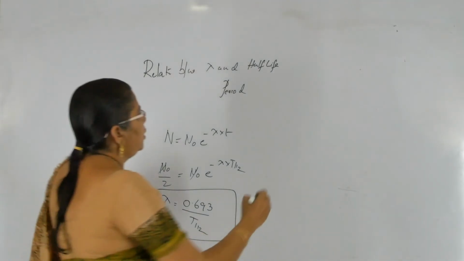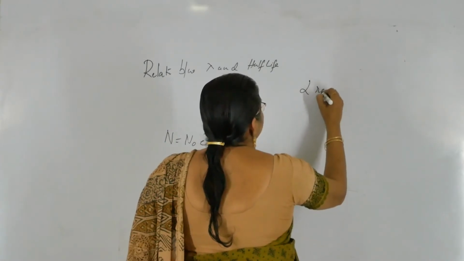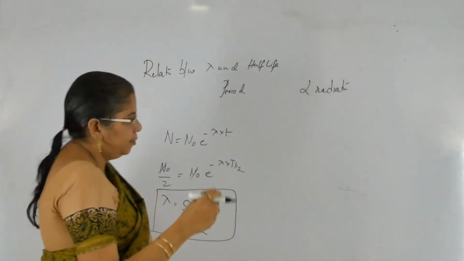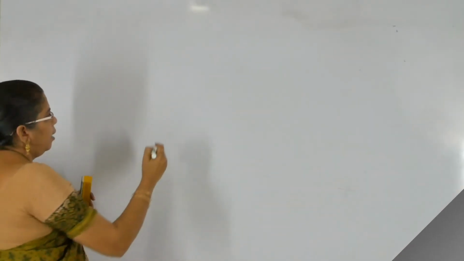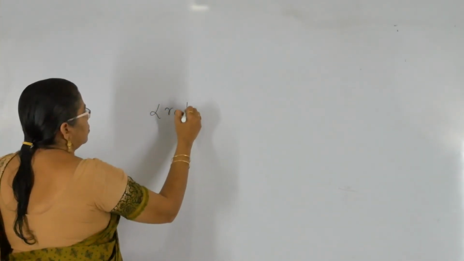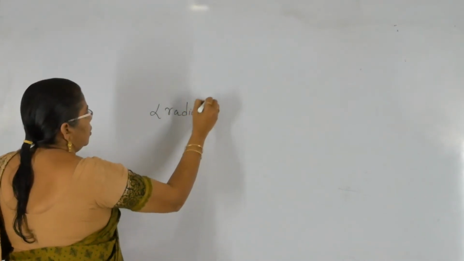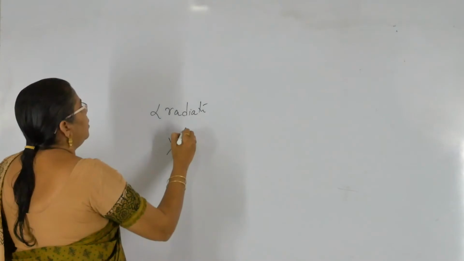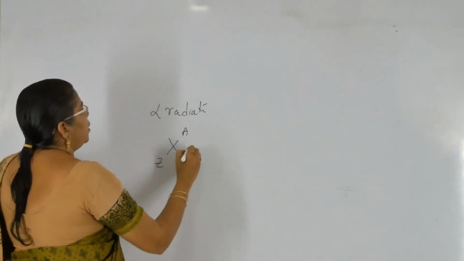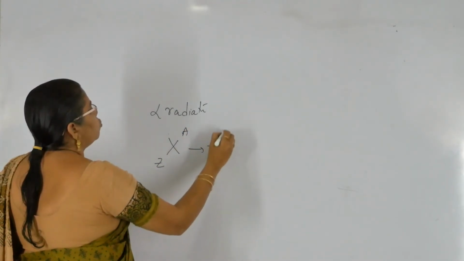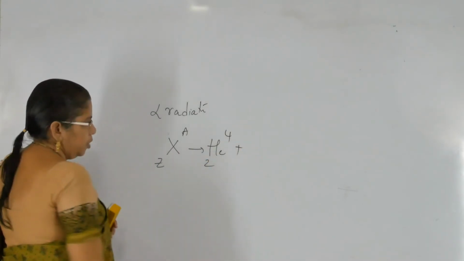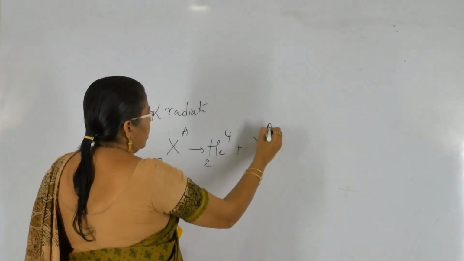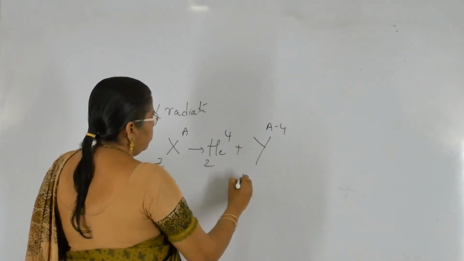Next one is, what is alpha radiation? Suppose I take a nucleus X with mass number A and atomic number Z. When an alpha nucleus, He-4-2, is emitted, you get a Y nucleus with A minus 4 and Z minus 2.